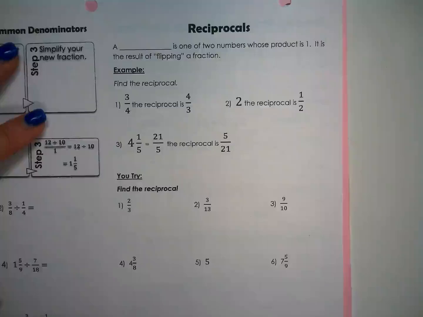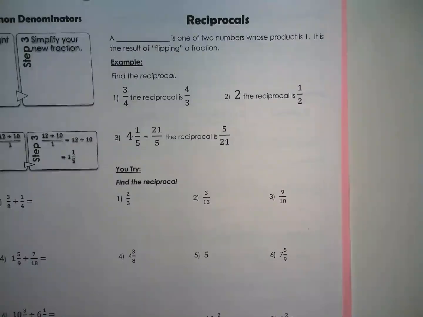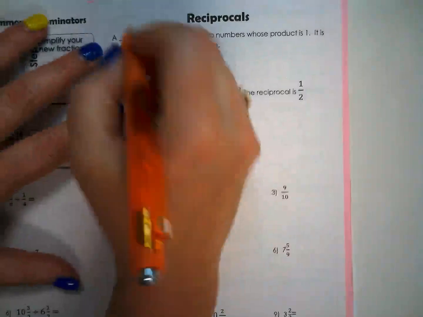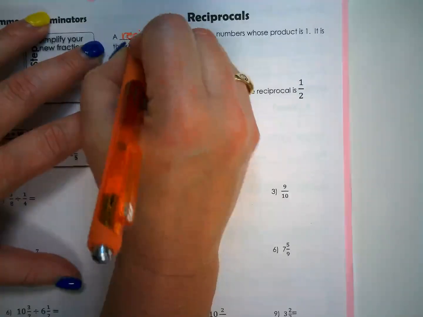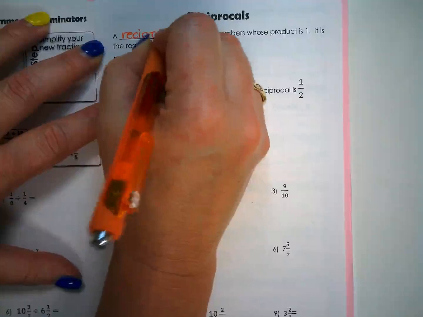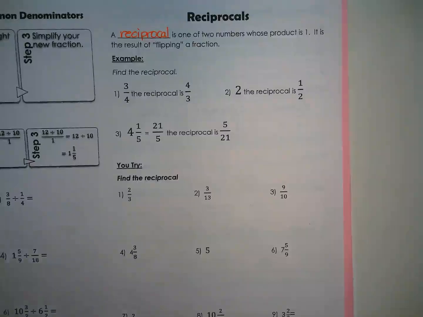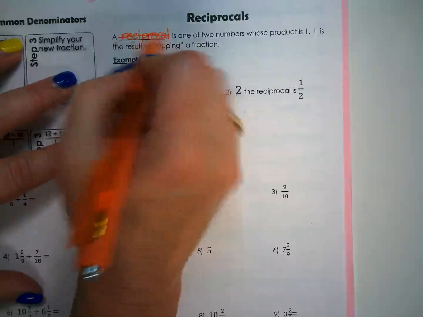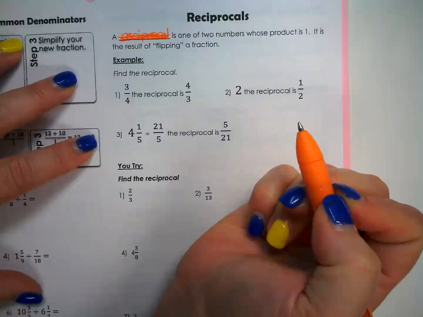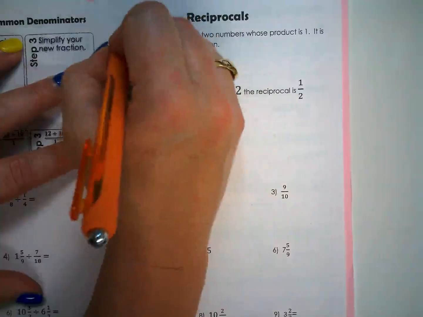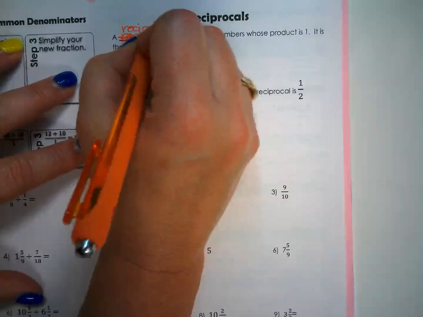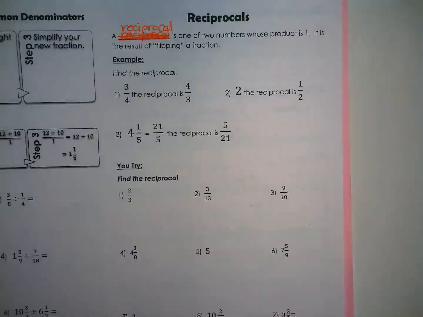Sorry. Typically, when we divide fractions, a reciprocal, that's the word we're going to talk about today. Sorry. A reciprocal is one of two numbers whose product is 1.